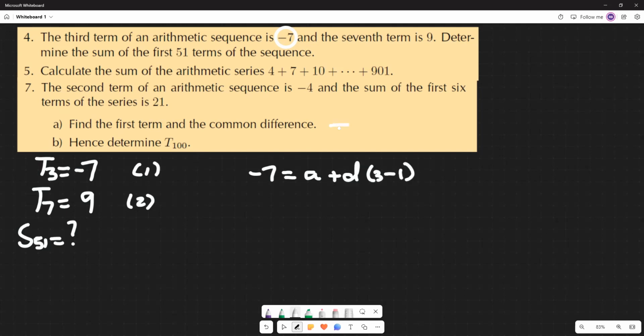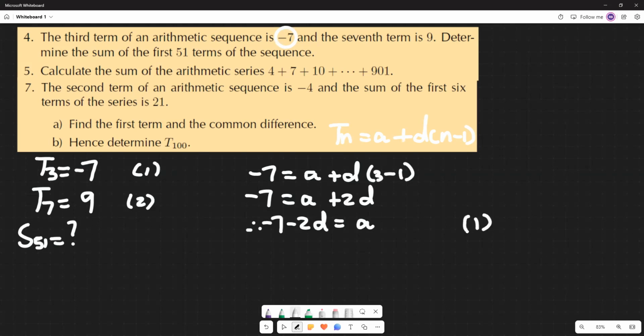Remember, the formula is Tn equals A plus D times n minus 1. This is the formula for arithmetic. The value is here, the position there. Let's simplify this. -7 equals A plus 2D. Therefore, -7 minus 2D equals A. That is your equation 1.